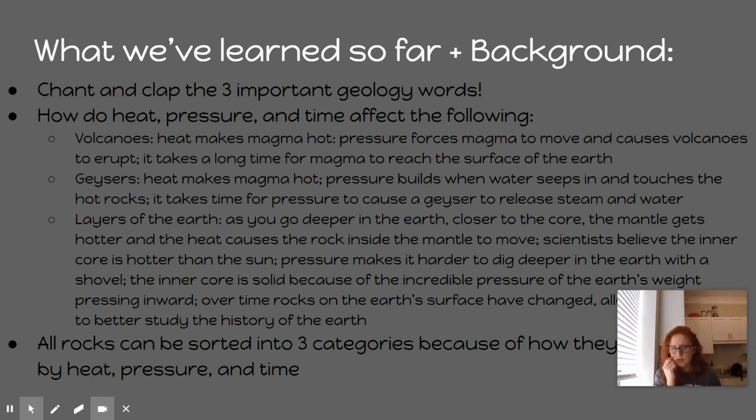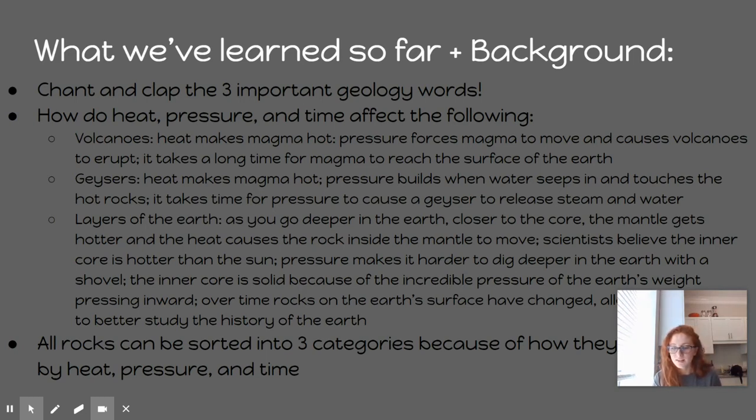What about the layers of the earth? What happens with heat in the layers of the earth? As we get closer to the core, what happens to the heat? It's hotter, right? And what about pressure? What does pressure do with the earth?